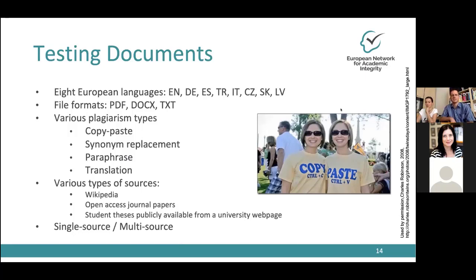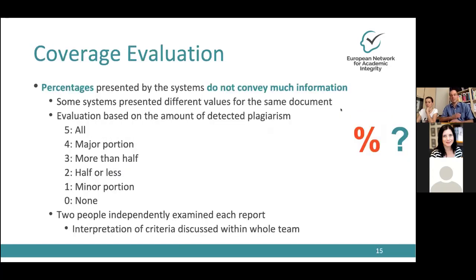We had translations between Czech and Slovak because these are really similar languages, and we had translation from Russian to Latvian. We used various types of sources. We plagiarized from Wikipedia, we plagiarized from open access journal papers, and also from student theses, which were publicly available from university web pages.